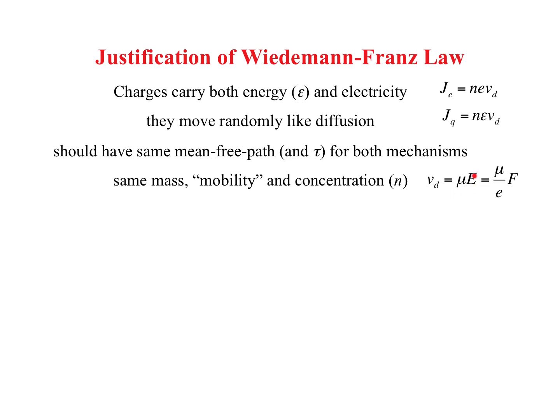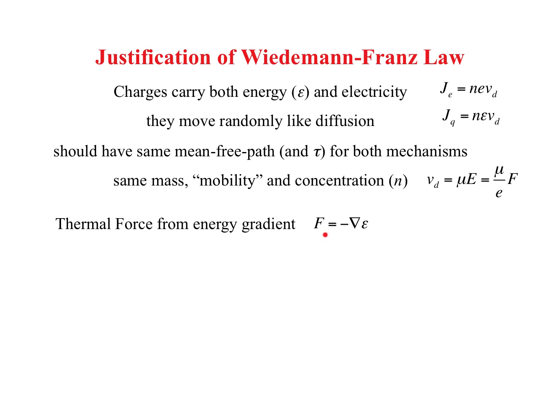The mobility mu tells us how much drift velocity we should get from an electric field. Converting to force, we see that the drift velocity is mu over e times the force. Now, if instead of electric force we use the force due to the temperature gradient, we should be able to figure out how much drift velocity we get from the temperature gradient.